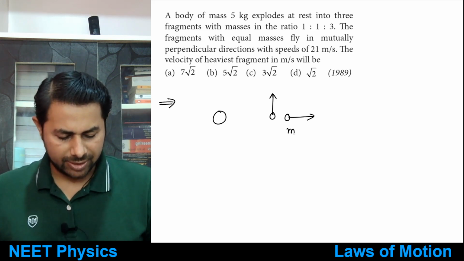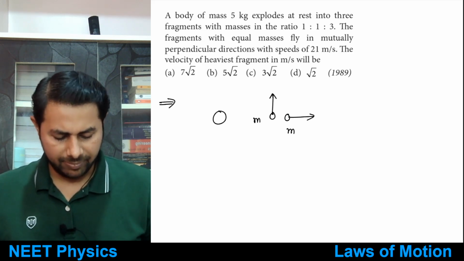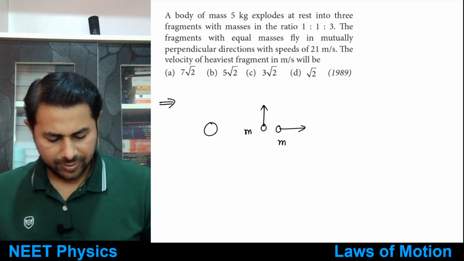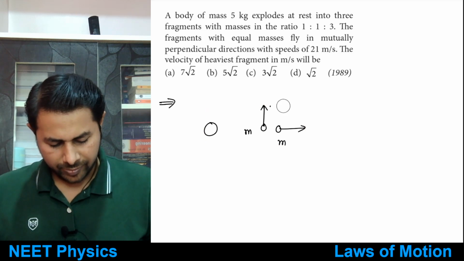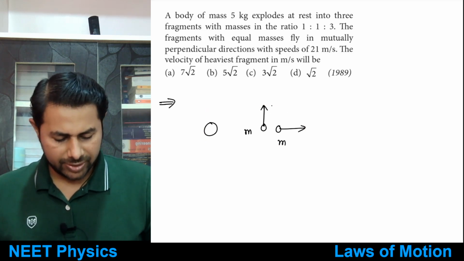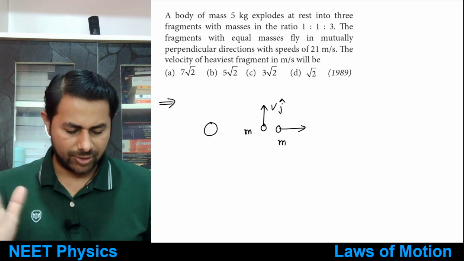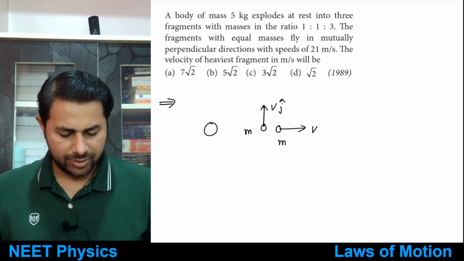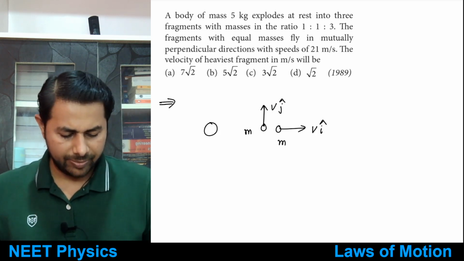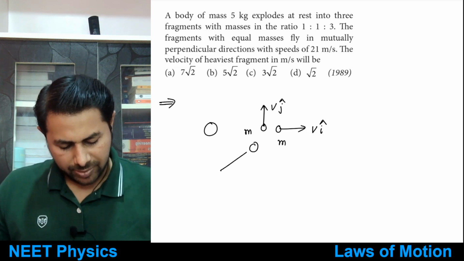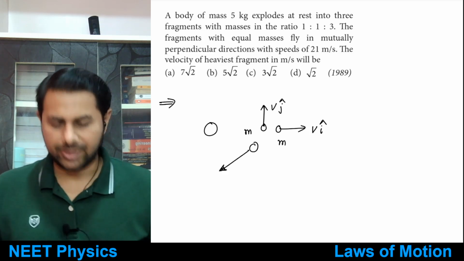Let's say the mass of this one is m, the mass of this one is m, and they fly with equal velocity. Let's say v times j cap, this is moving in the y direction, this is v times i cap, and because total momentum must be equal to 0, the other one must fly in this direction, right?